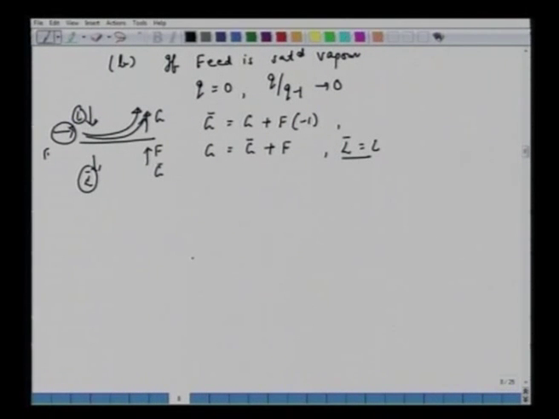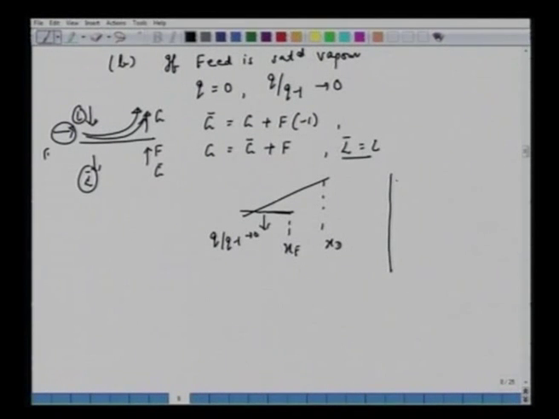Now if we draw this on this q line, we are saying that this operating line is fixed starting from XD, and at XF or ZF, the mole compositions, now we have a horizontal line like this. So this is your q line. q over q minus 1 slope is 0, so we have a horizontal line.